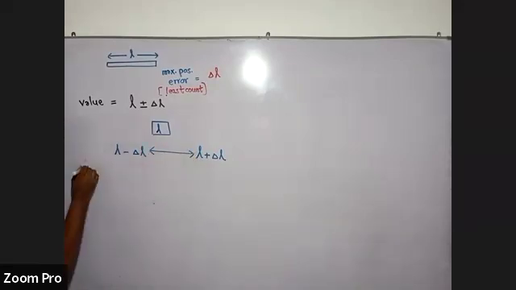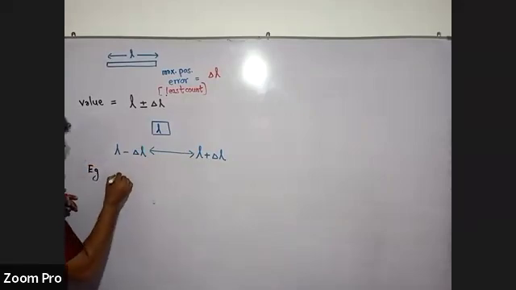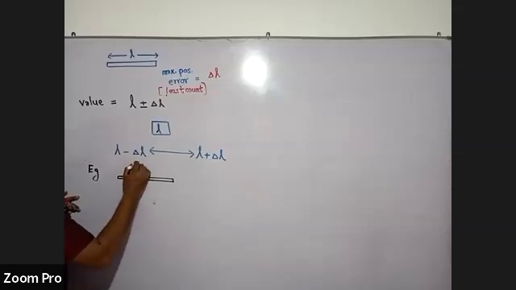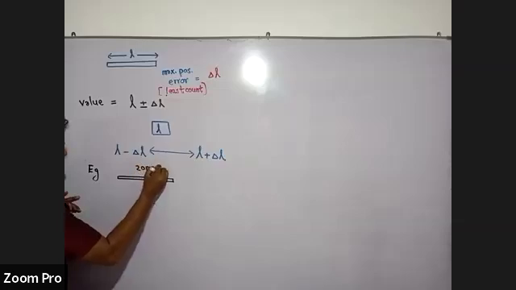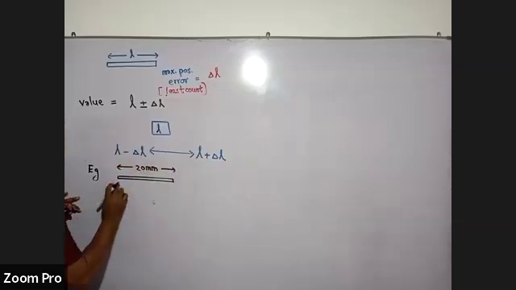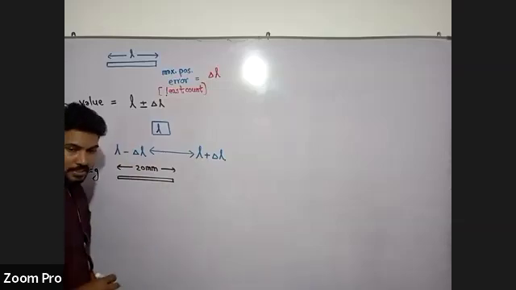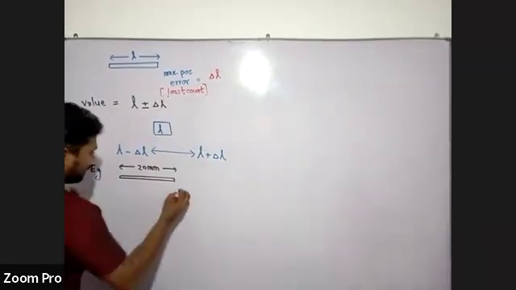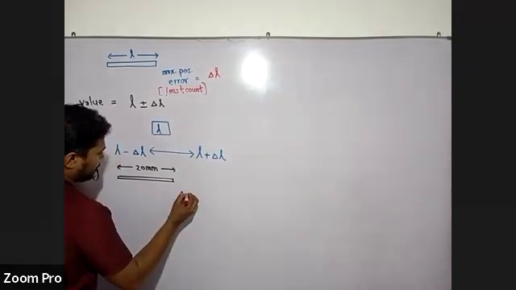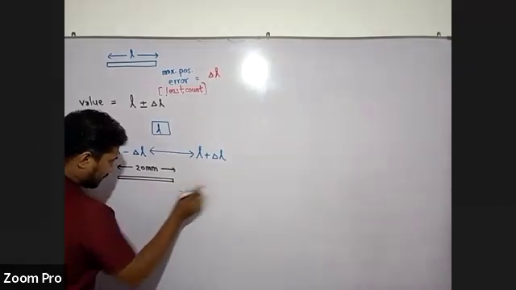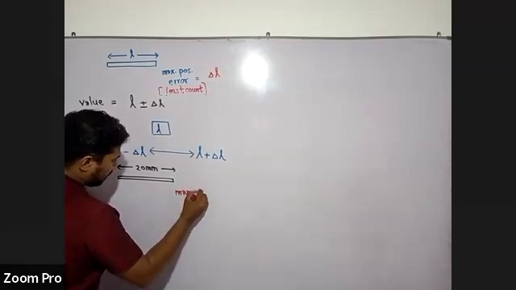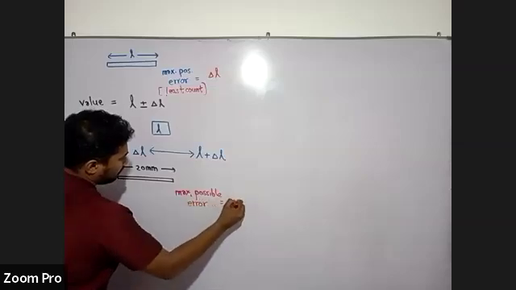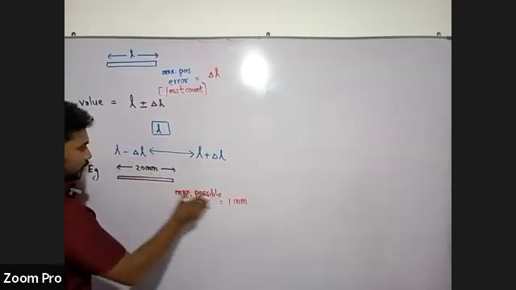Let's take an example. Let's assume that now I am going to measure a value which is equal to 20 millimeters, right? So let's assume that the length of this object is 20 millimeters. So if I measure this value using a meter rule, then you know that delta L, or the maximum possible error of that measurement, is 1 millimeter, because I'm taking this measurement using a meter rule.